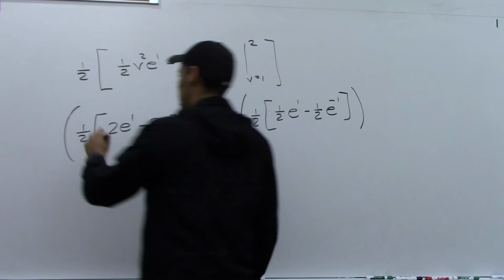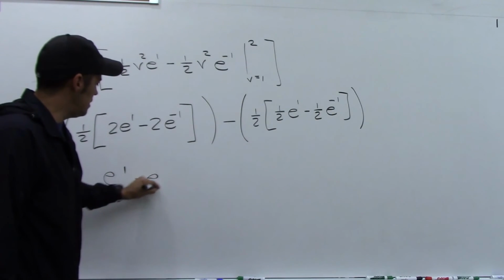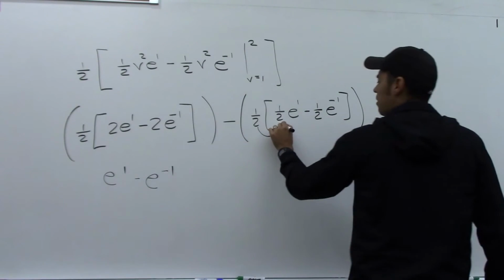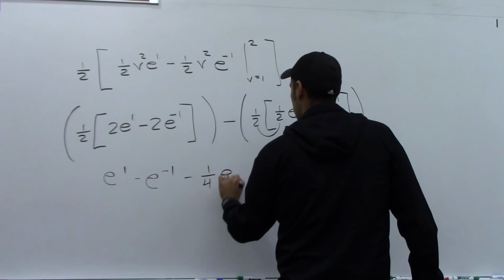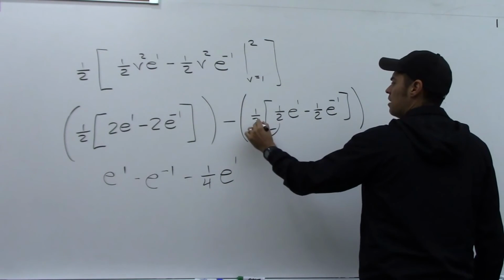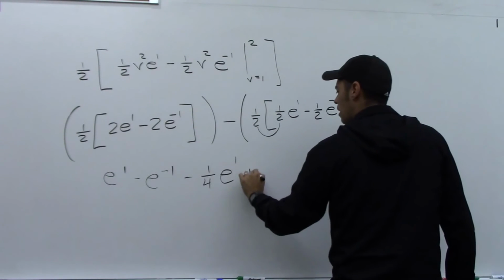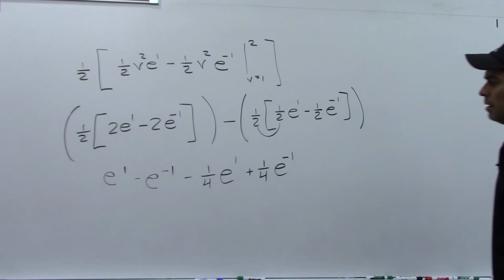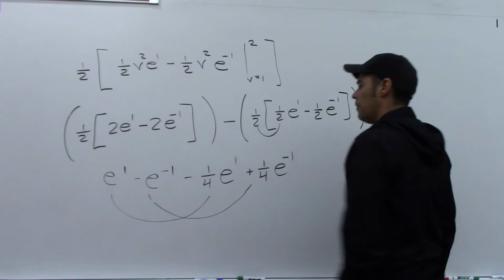Now let's distribute this through. This 1/2, you get e to the 1 minus e to the negative 1. Let's distribute this through 1/4, but then you're subtracting, so minus 1/4 e to the 1, and then this is going to be minus 1/4, but then plus, so plus 1/4 e to the negative 1. And you can combine these two together and these two together.